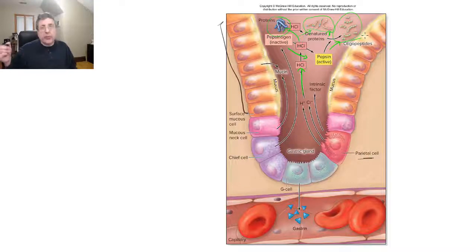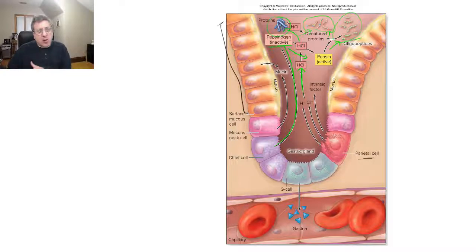Chief cells are what's secreting the pepsinogen on here. Chief cells also secrete, I don't know if I said this, gastric lipase, and it's just a smaller function. It helps to digest about 10 to 15% of your ingested fat.